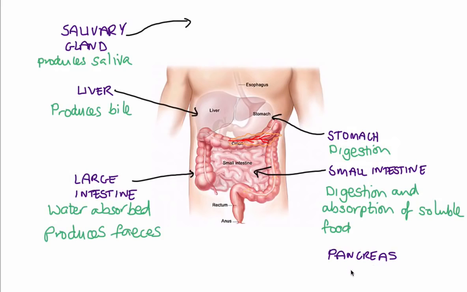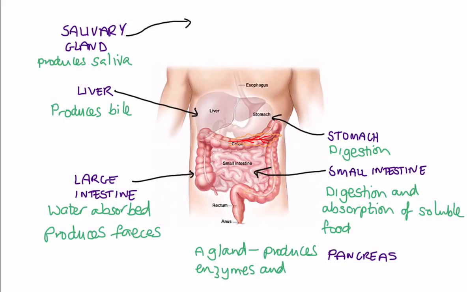The pancreas itself over here is a gland, and it produces enzymes and a couple of hormones. And those hormones, you might recall from another topic, are insulin and another one called glucagon. Okay, but these are the key parts of the digestive system and what they do.